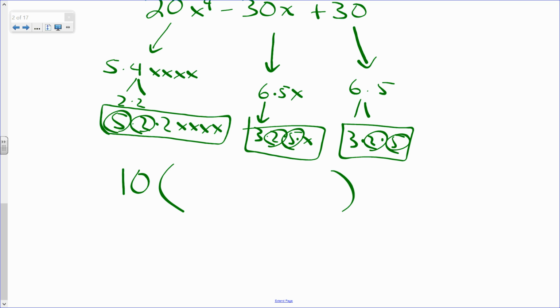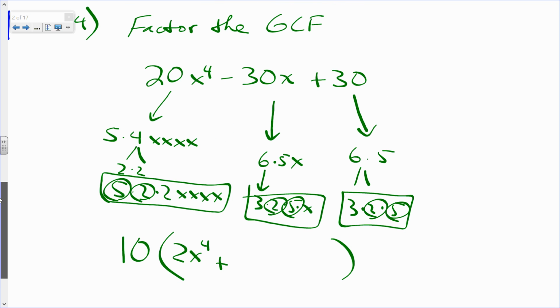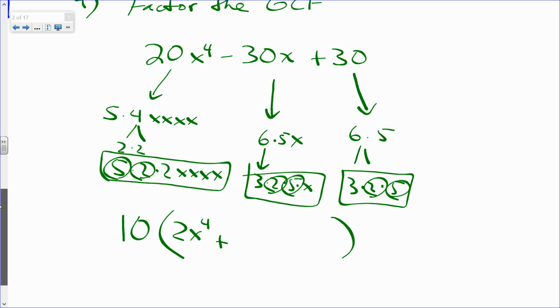What's left over here? Look at 2x to the 4th. I took out the 10, so I took out the 5 and the 2 right here. So what's left over is right there. What's left over here? A 3x. But I have to make sure it's a negative 3x, because it has to multiply to become negative 30.